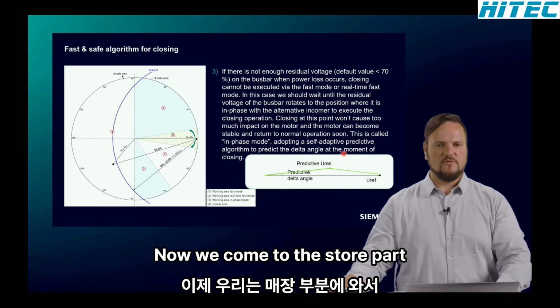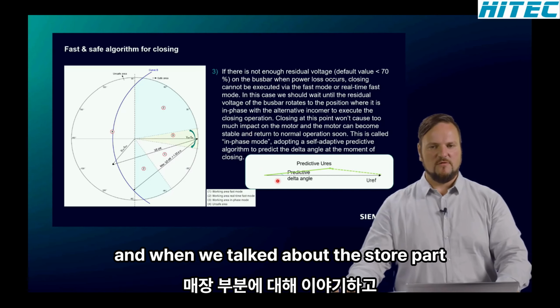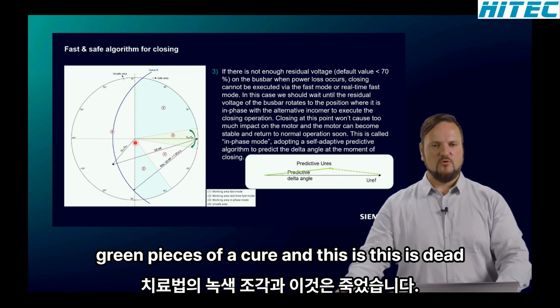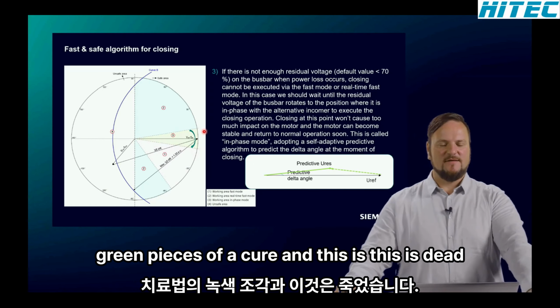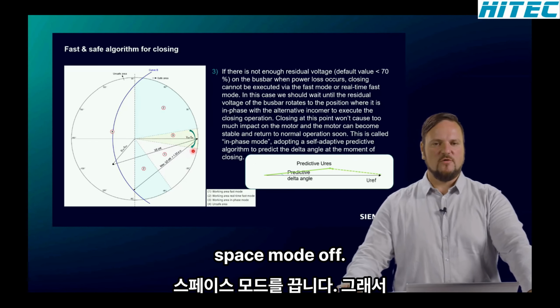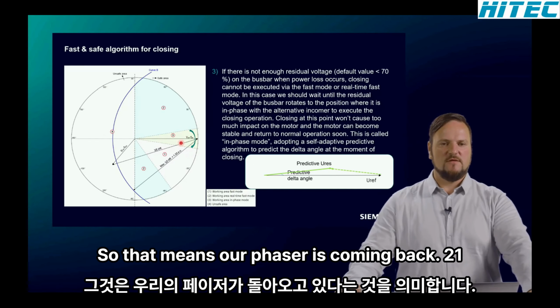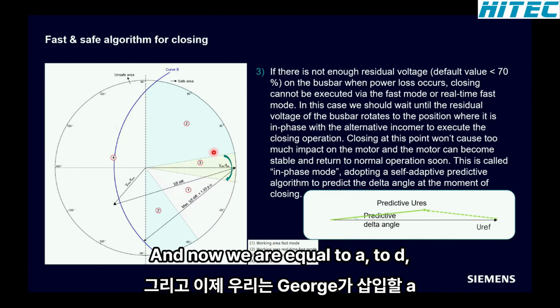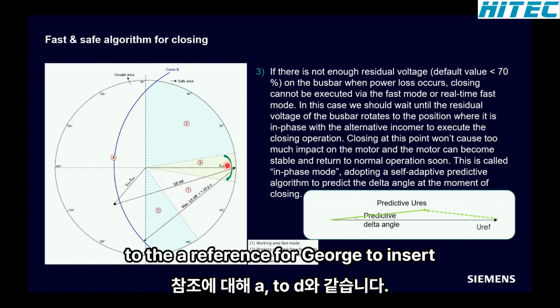Now we come to the third part. And when we talk about the third part, then we talk about these green pieces of cake here. This is the in-phase mode or synchronous mode. So that means our phasor is coming back. It's turning 360 degrees, and now we are equal to the reference voltage.